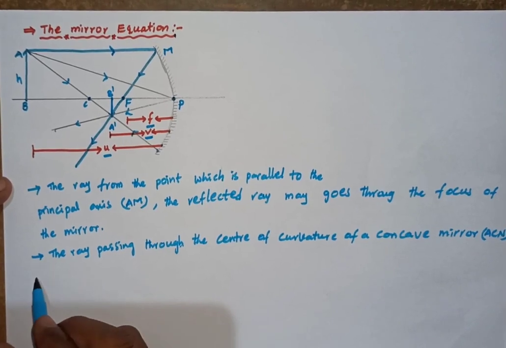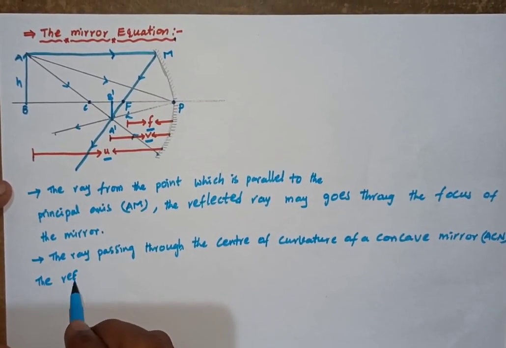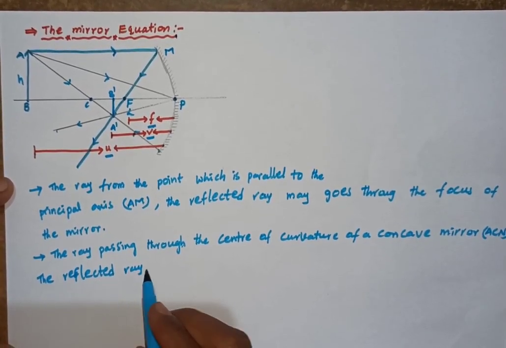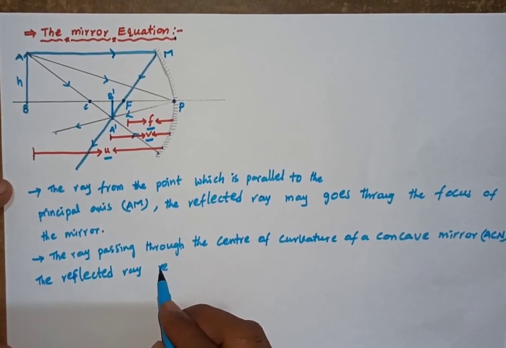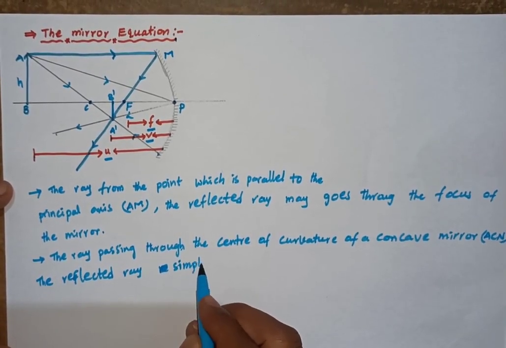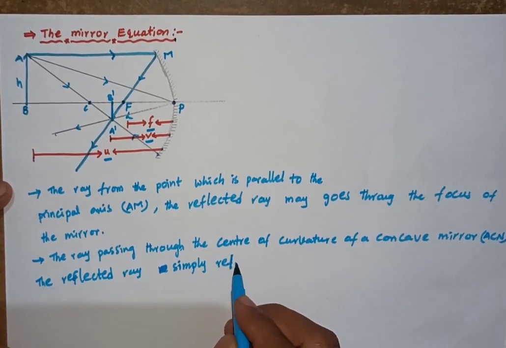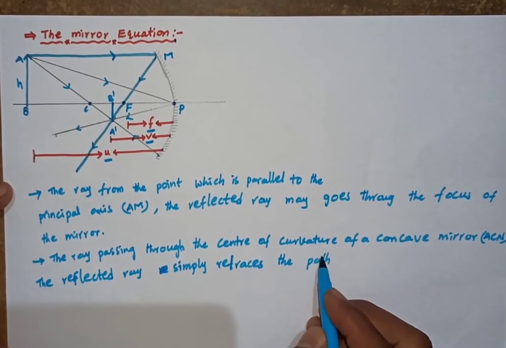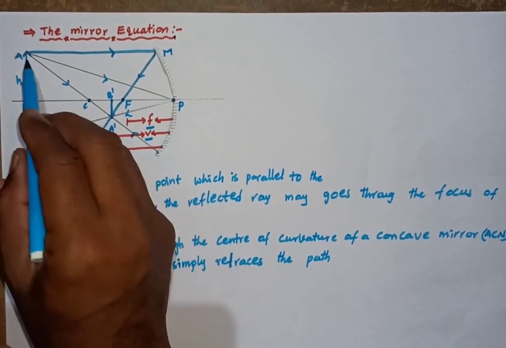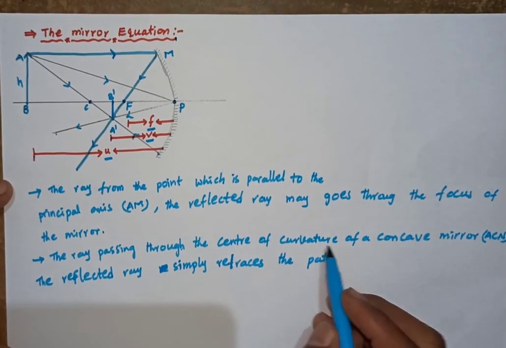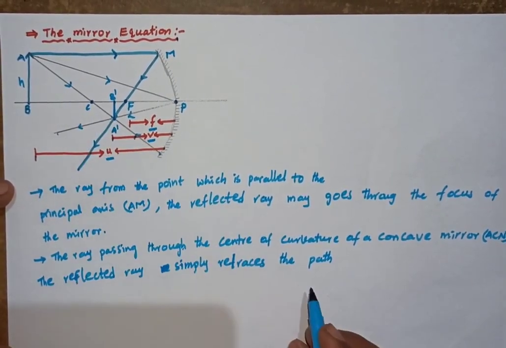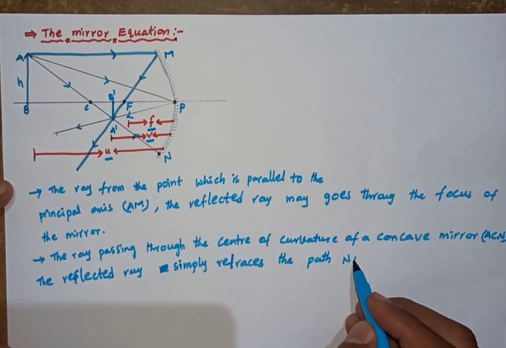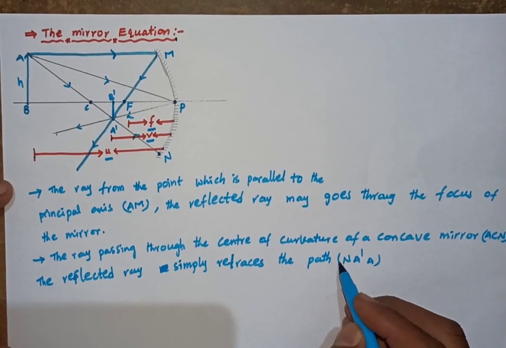The reflected ray simply retraces the path, that is C A dash A, or A dash C A, or N, for example point N. So N, A dash and A is the path.